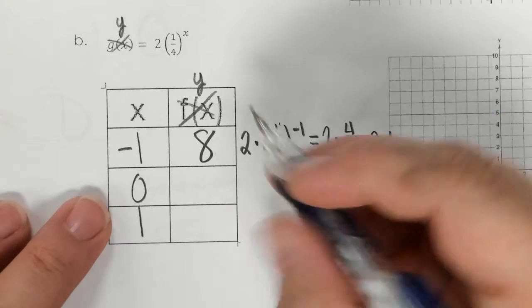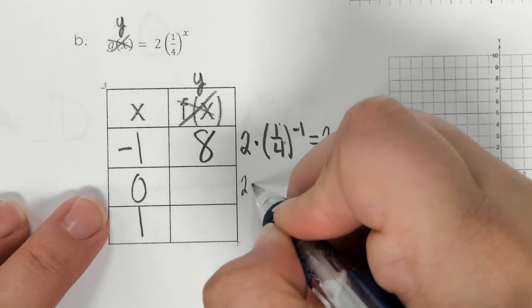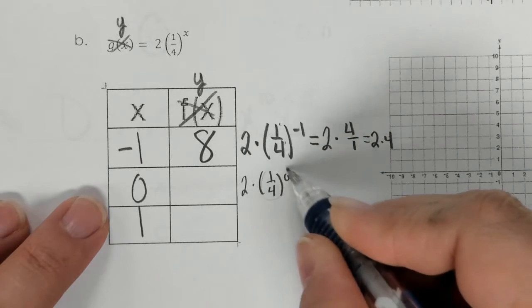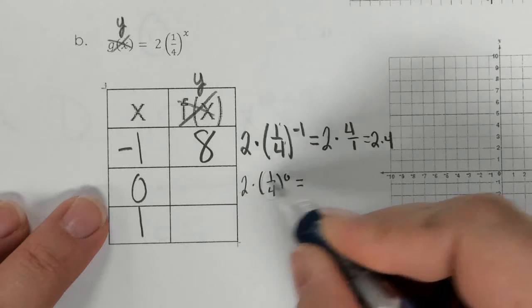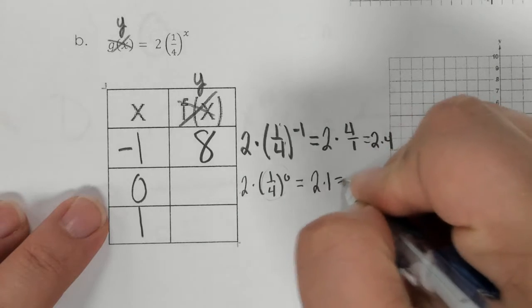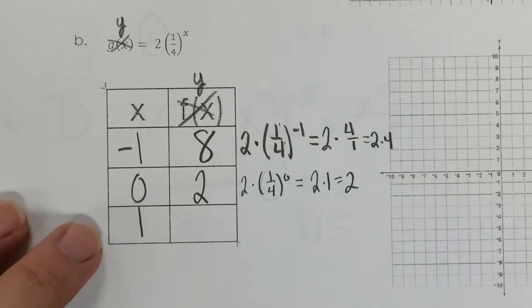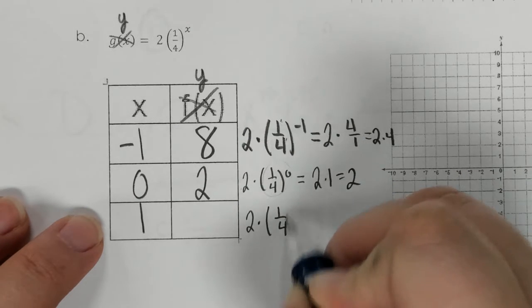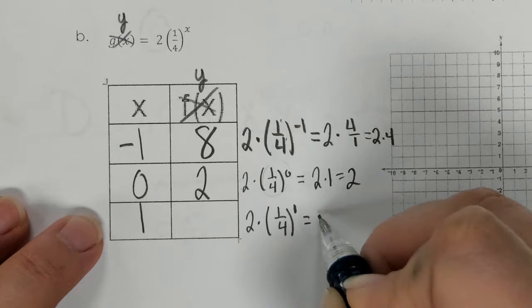All right, then for the 0, this was really nice. We do 1/4 to the 0 power, and this whole thing becomes a 1. So we're going to say 2 times 1, and that's 2. And then for this one, we have 2 times 1/4 to the first power.